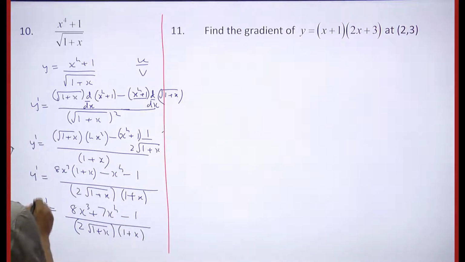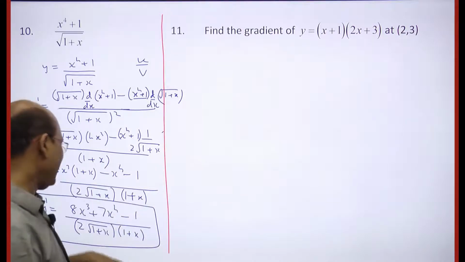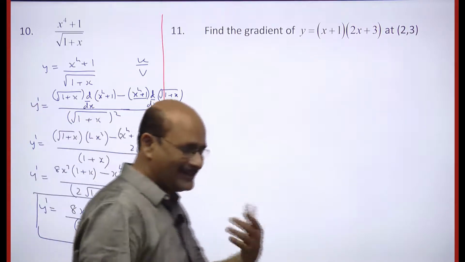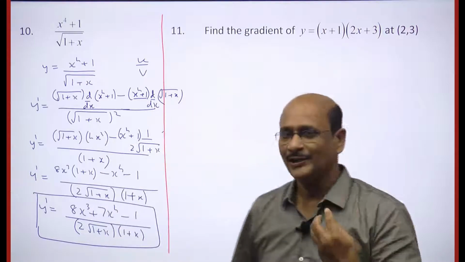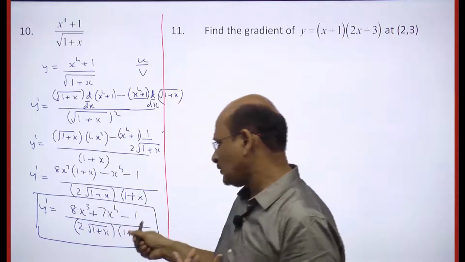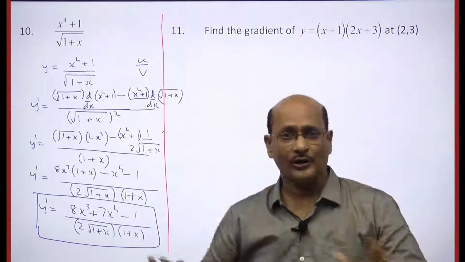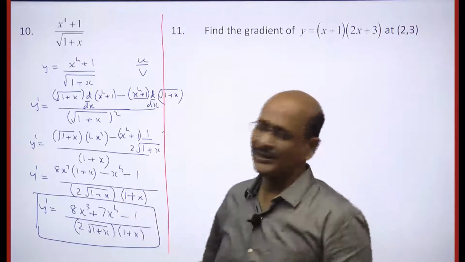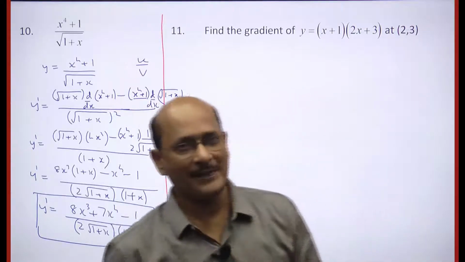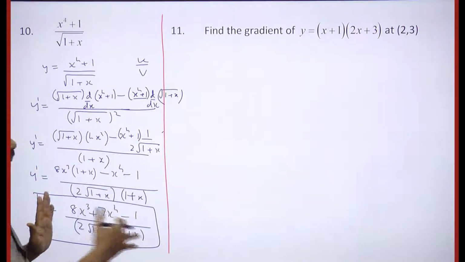After this, I know you do not want to do anything, but I would suggest be always a little bit standardized in your method of writing the solution. First write 7x4, then 8x cube minus 1. Even if you write this, nobody is going to say it is wrong. It is right, but I suggest just stick to your basic principles of mathematics. That is nothing but writing in the conventional form, 7x4 plus 8x cube minus 1 upon 2 root whatever stuff it is.